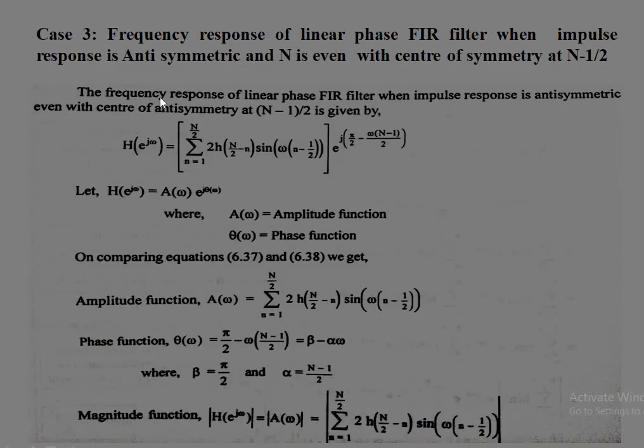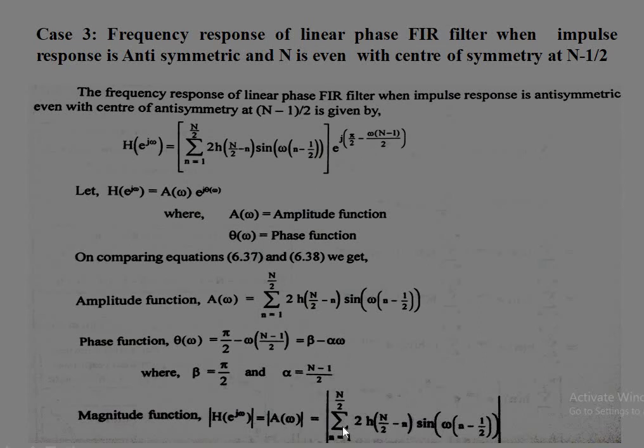And case 4, whenever the frequency response of a linear phase FIR filter is considered with its impulse response anti-symmetric, and N is considered to be even with the center of symmetry at (N minus 1) by 2. In such a case, once again the frequency response is represented with this expression: sigma n is equal to 1 to N by 2 of 2 h of (N by 2 minus n) sine of omega into (n minus 1 by 2), whole multiplied with an exponential e power j (pi by 2 minus omega (N minus 1) by 2).